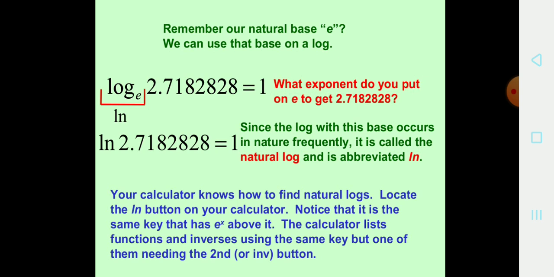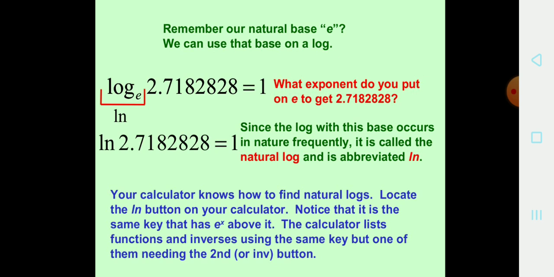Remember our natural base e, we can use the base e log. Log base e, where e is 2.71828182, so e to the 1 equals e. Since this logarithm has the base of the natural exponential, it is called the natural log and is written ln. ln of e equals 1. So your calculator knows how to find natural logs.